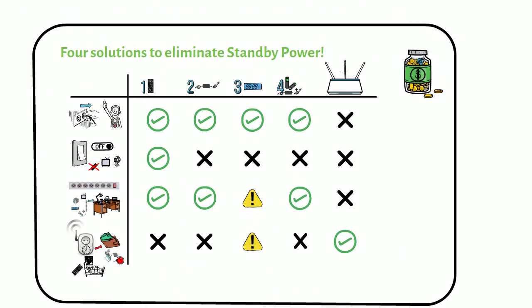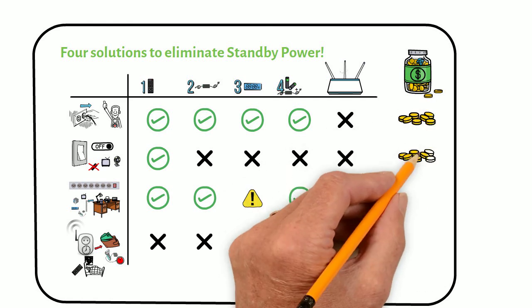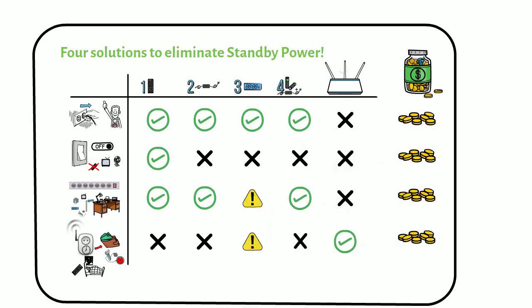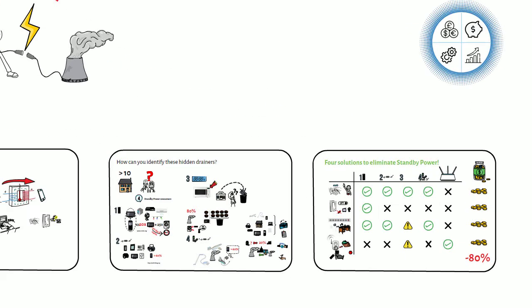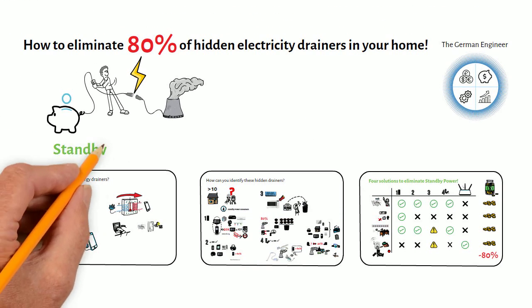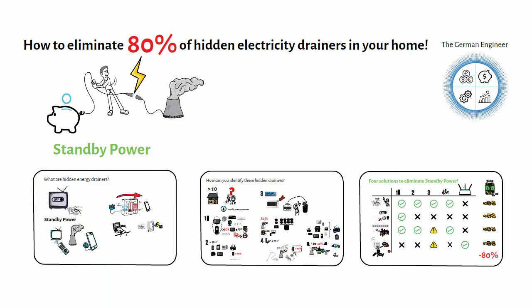Each of the solutions makes a small contribution to cut your energy bill. Applying them all together for your standby power consumers can save up to 80% of money caused by these items. To sum it up, most electrical devices in your home consume standby power, adding unnecessary cost to your electricity bill.